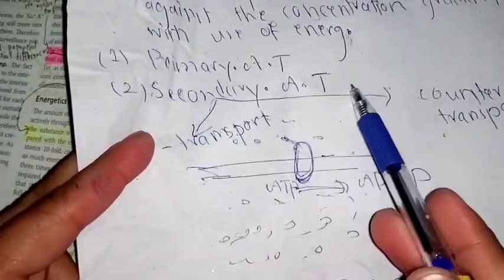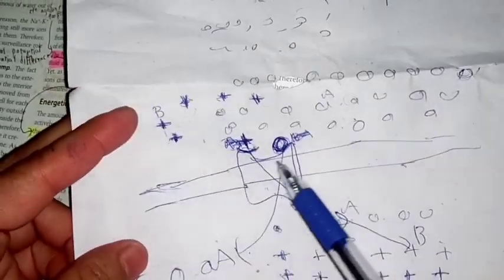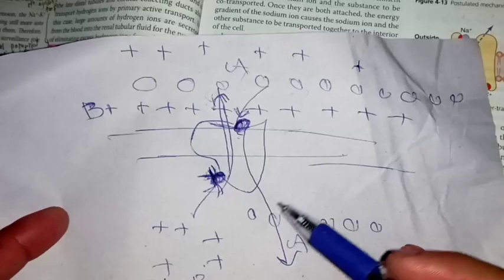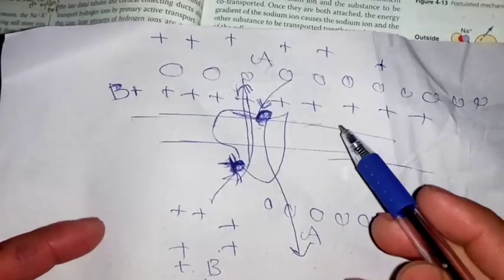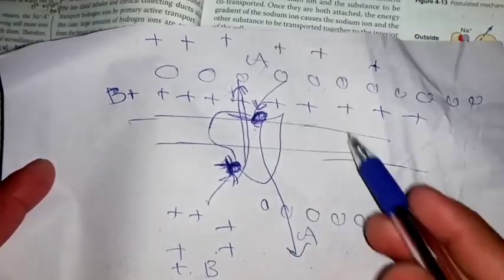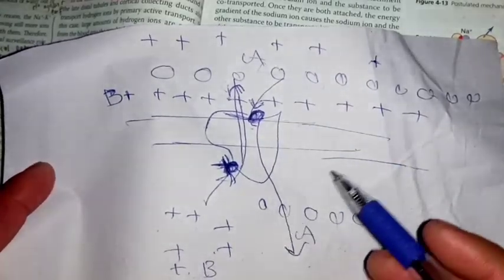I have discussed in detail the mechanism of primary active transport, the mechanism of secondary active co-transport, and the mechanism of secondary active counter transport. Now we will take a look at the examples and apply these mechanisms to the applications of co-transport and counter transport.